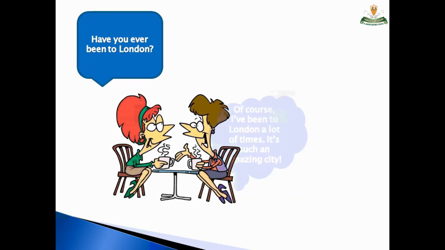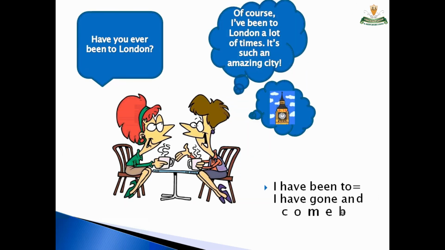Okay? Have you ever been to London? The difference here: I have been to London means I went and came back. We use been when we talk about a person who went and came back. It means now he's not there. He came back. Of course, I have been to London a lot of times. It's such an amazing city.